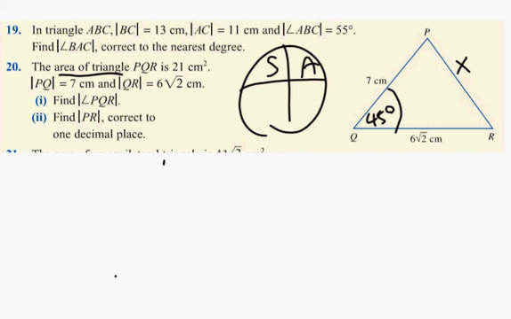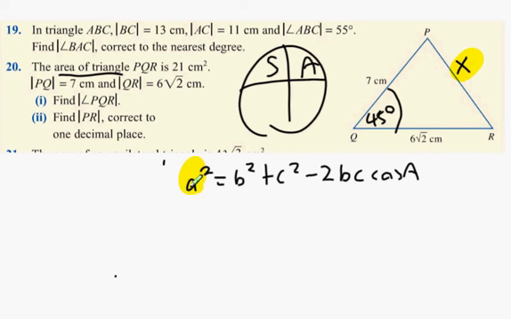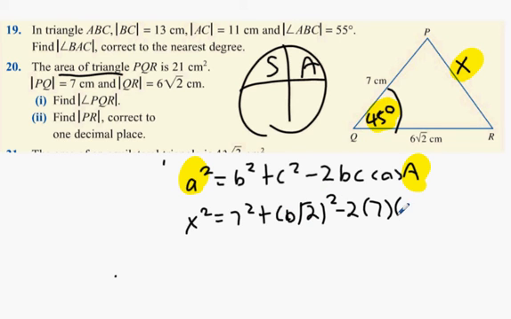So a squared equals b squared plus c squared minus 2bc cos A. We're looking for x. That means that's that one, and the angle opposite it, 45, which means that one there. Now, x squared equals 7 squared plus 6 root 2 squared minus 2 times 7 times 6 root 2 cos 45.